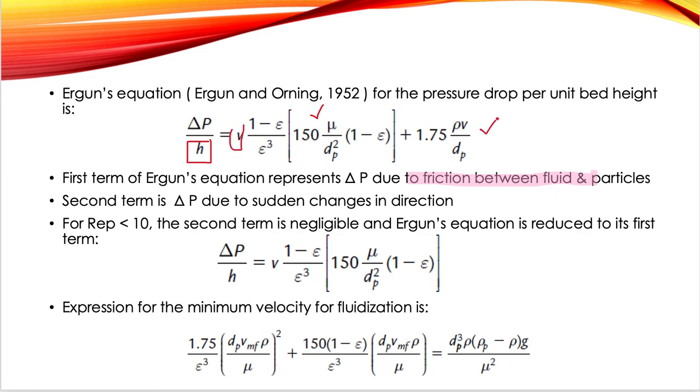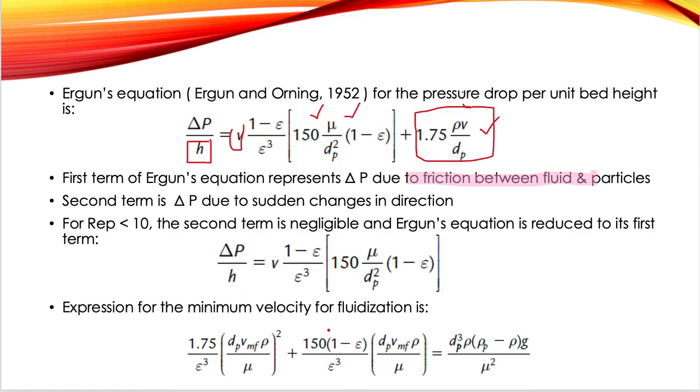And the second term is due to sudden changes in direction. For Reynolds number less than 10, the second term is negligible. So this second term, due to sudden changes in direction, is negligible. Hence, we're going to focus only on the first term.